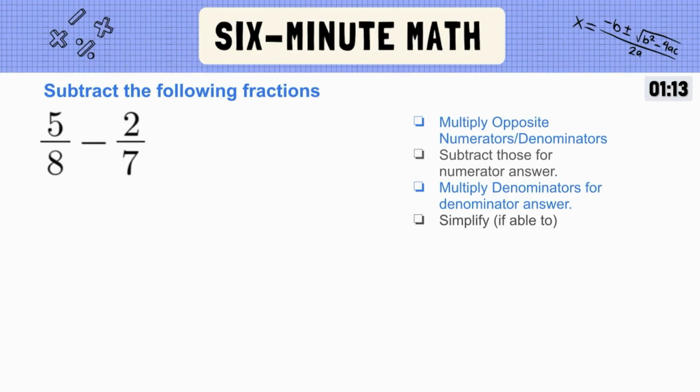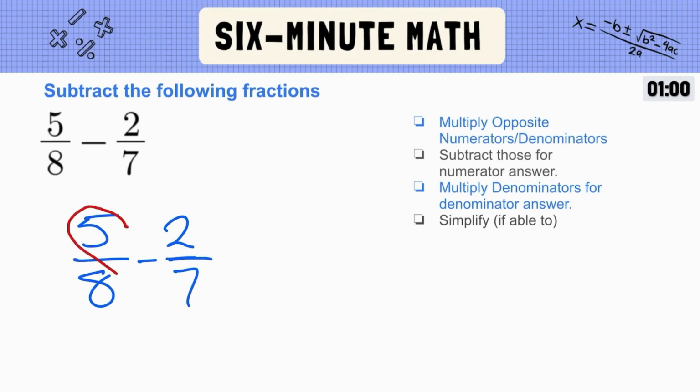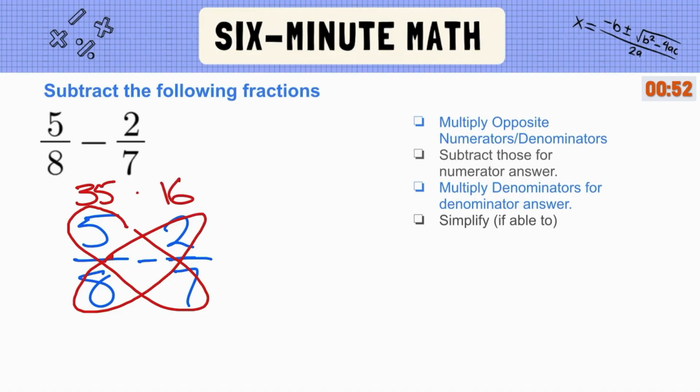On to our last example here. We have 5/8 minus 2/7. So we have 5 over 8 minus 2 over 7. And let's create our butterfly. 5 times 7 is 35. 8 times 2 is 16.